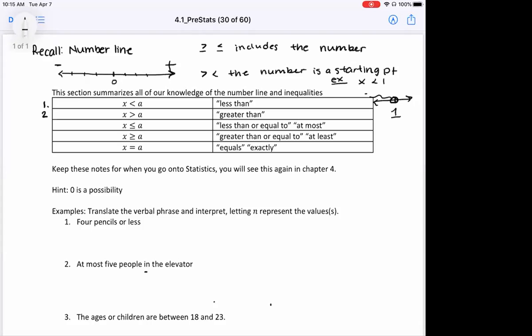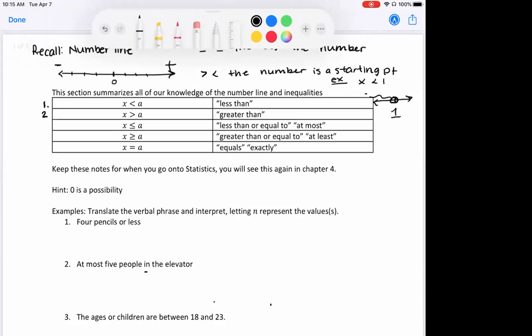So a is just a default number we're working with. Now, as we move forward, x is less than or equal to a. Another phrase you might see that could refer to that mathematical phrase is at most.